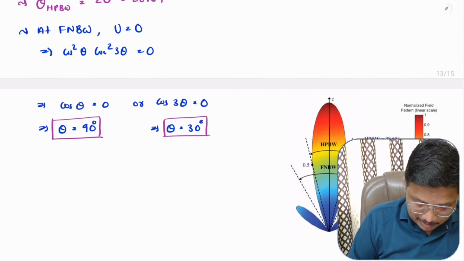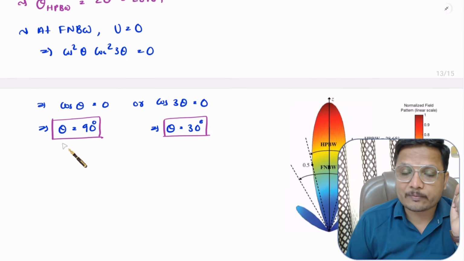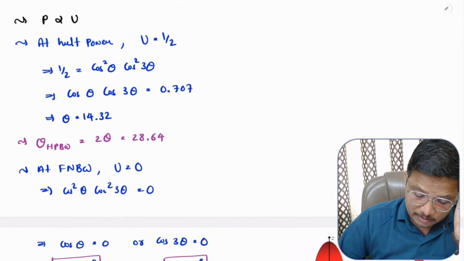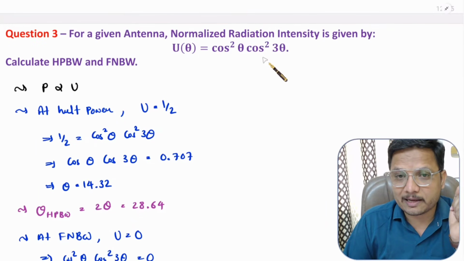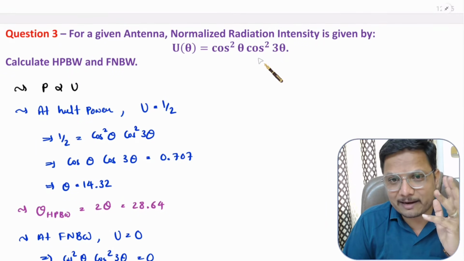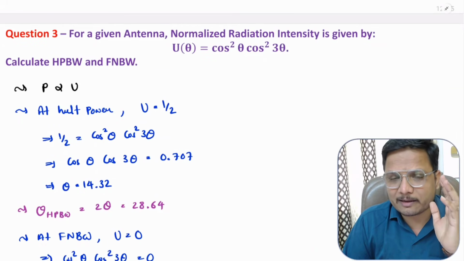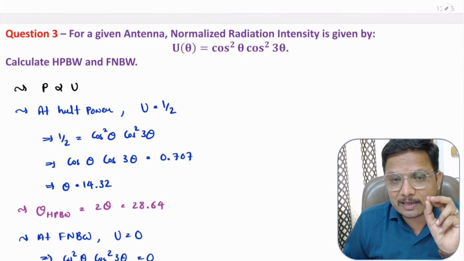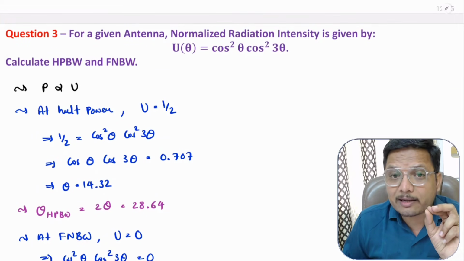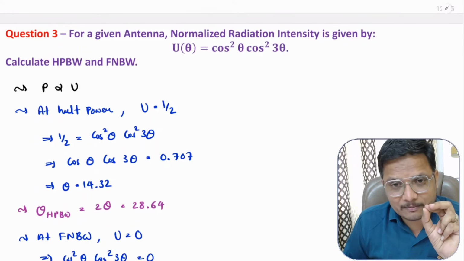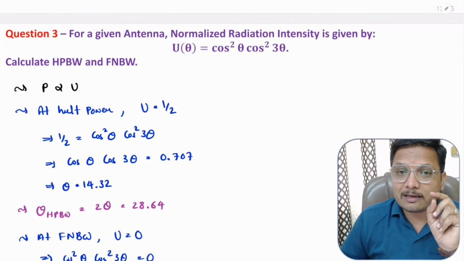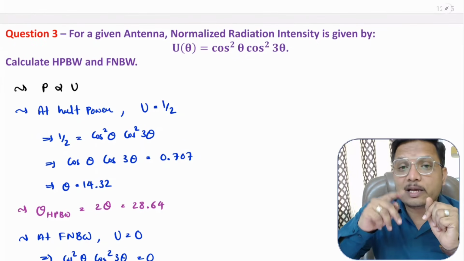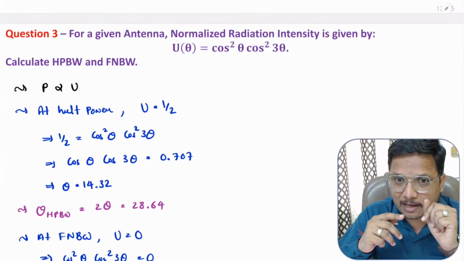Now let me explain how the plot looks. The function is cos square theta into cos square 3 theta. If you want to draw that by hand, it is a bit complicated. But here you can understand one thing: cos square into cos square is there, so at 0 degrees there will be a maxima.